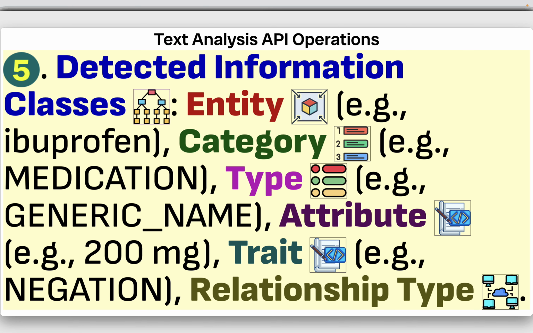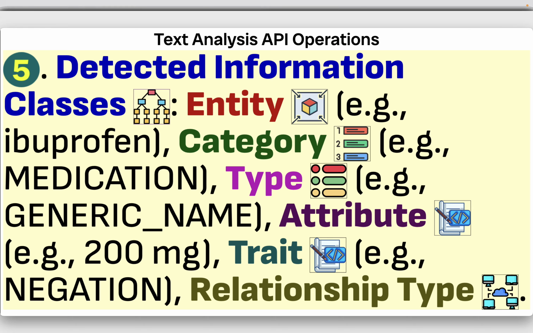Then we have detected information classes. So Comprehend Medical detects various classes of information, and these are: entities, which are the text reference, for example, Brufen. Category, the group it belongs to, for example, medication. Next, type, a specific type within a category, for example, generic name for Brufen.